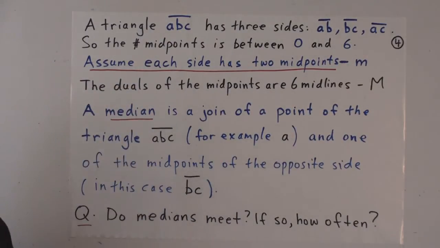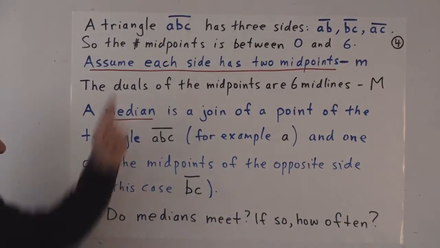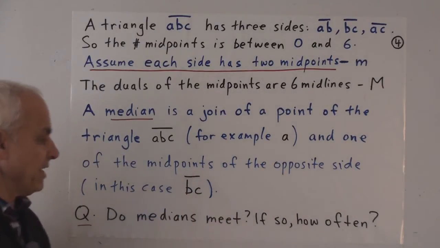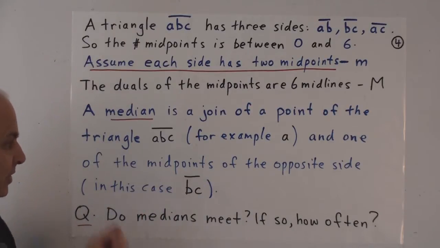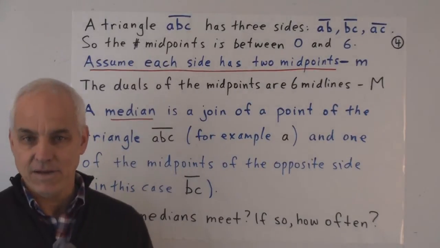Okay, what is a median? Well, it's just a join of one of the original points of the triangle, in other words A, B, or C, for example A, and one of the midpoints of the opposite side. So the opposite side of A is the side BC, and we're assuming that has 2 midpoints. So we can join either one of them up with A to create a median.